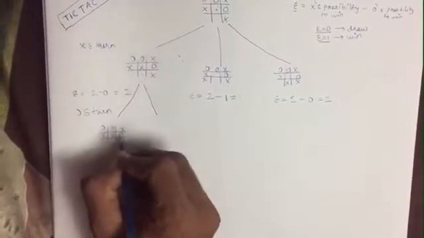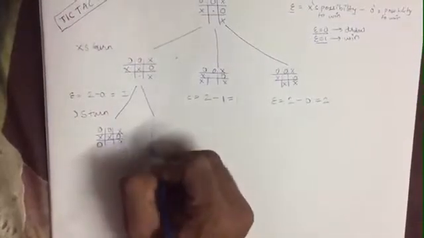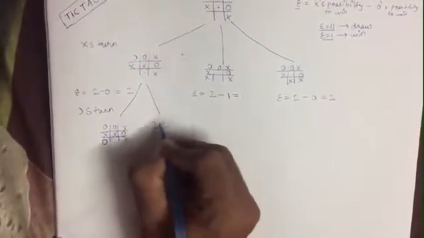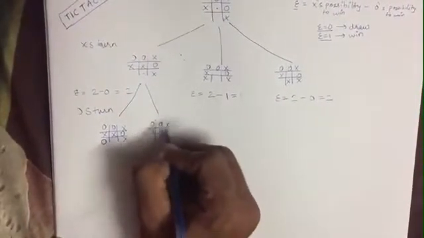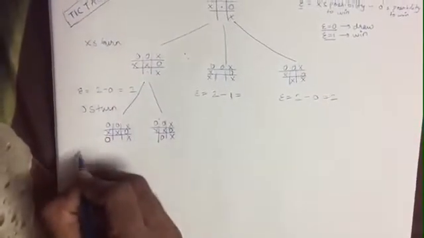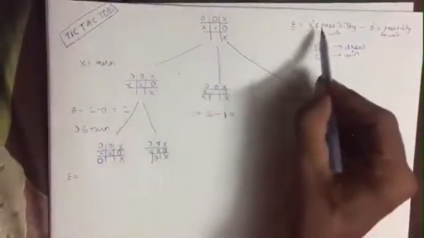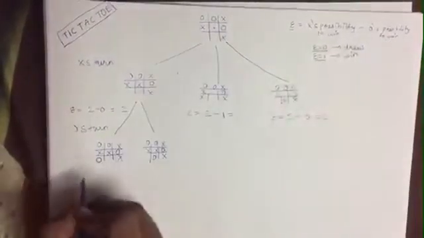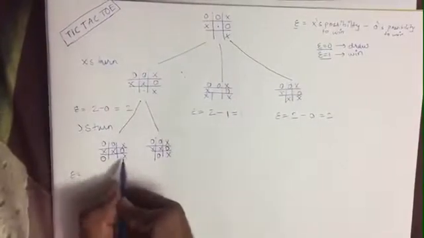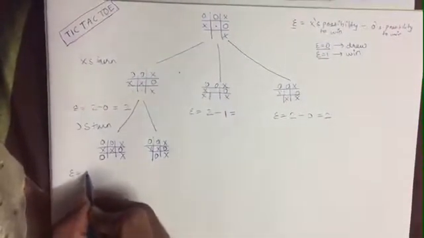X, X, O, X. So first here and second over here. Now you have to calculate E here. Here E value will be equal to X possibility minus O possibility. So here E will be equal to 0.